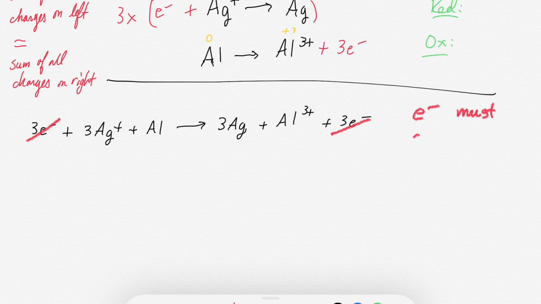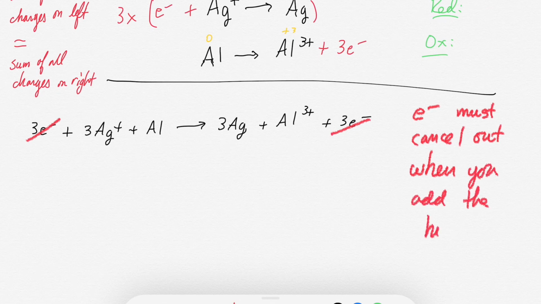Electrons must always cancel out when you add the half reactions. And so they do, we're great. Is there anyone else that cancels? There will be times there will be multiple species that cancel. In this case, there aren't.